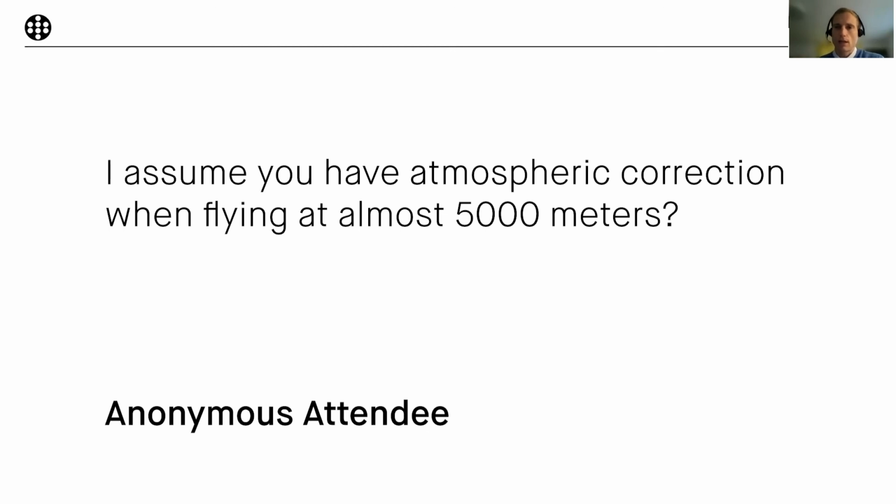And on the other hand, for the color balancing, we also try to reduce the effects of the atmosphere. Especially from this flight altitude and with this very wide swath width, effects of the atmosphere play a very big role in the imagery and in the orthomosaic. So this needs careful handling. So we try to take care of that as well as possible.